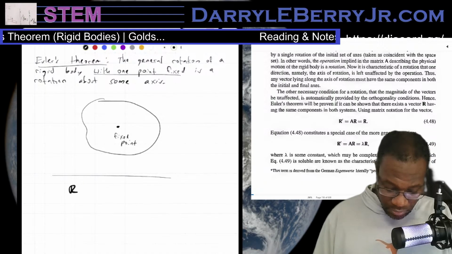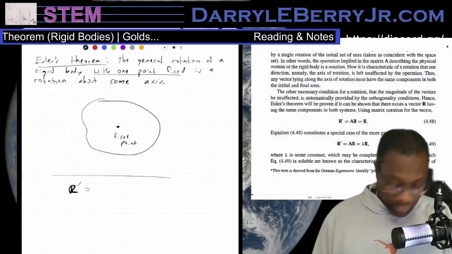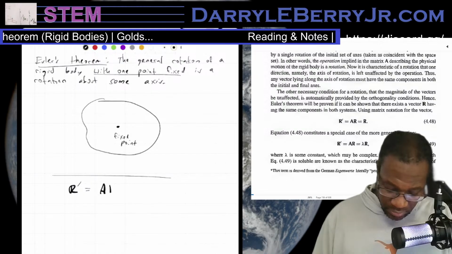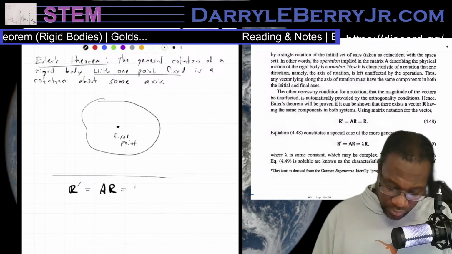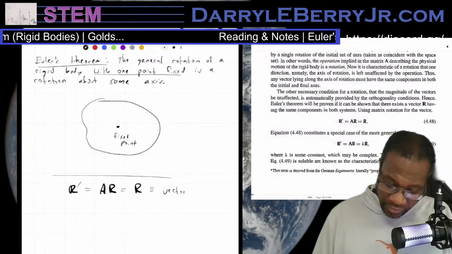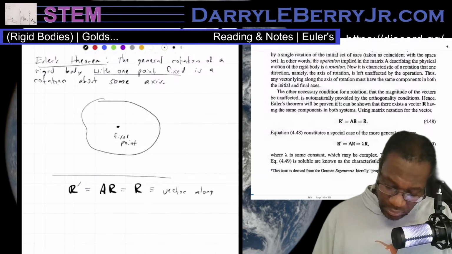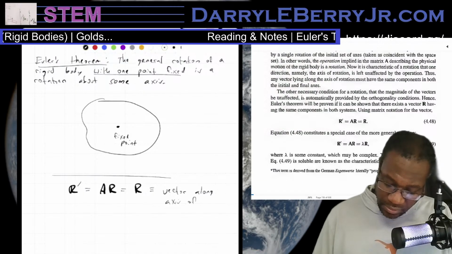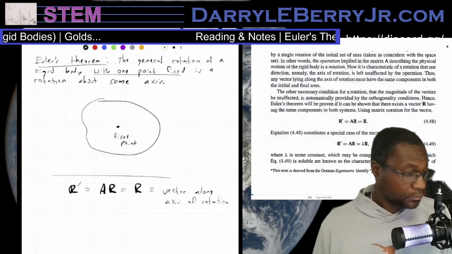So A R equals R. This is the vector along the axis of rotation. It doesn't change.